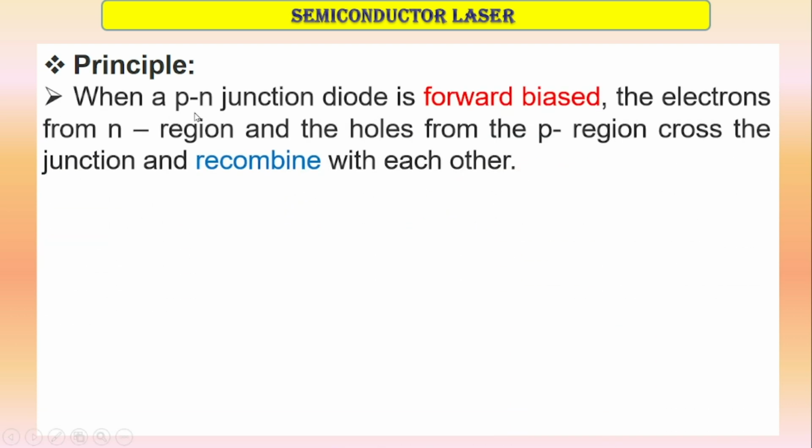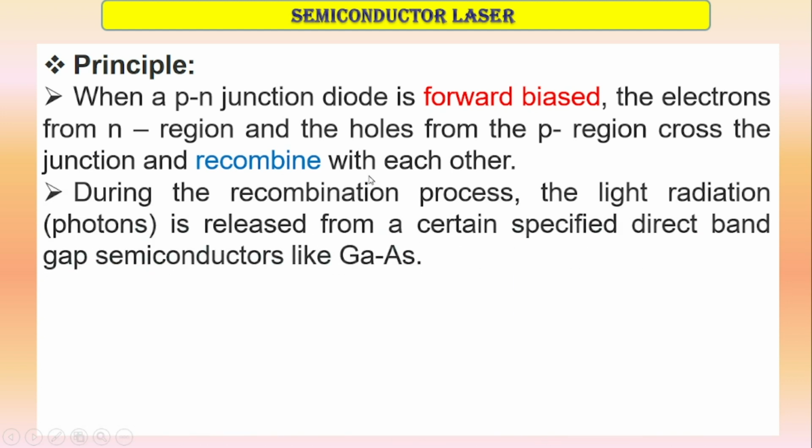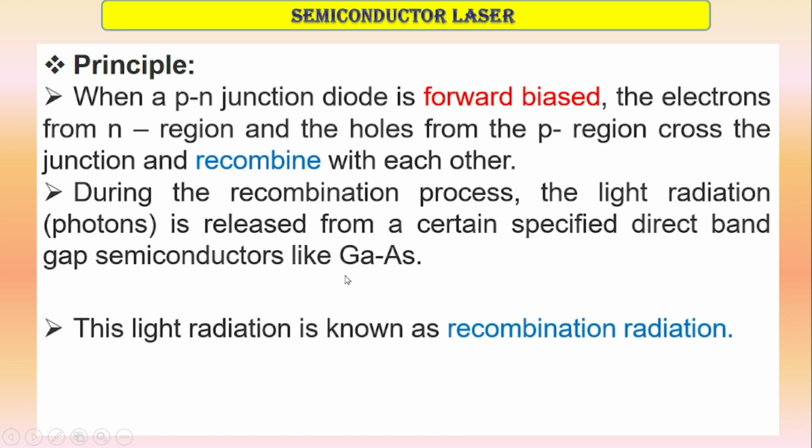When a PN junction diode is forward biased, the electrons from the N region and the holes from the P region cross the junction and recombine with each other at the junction. During this recombination process, light radiation, that means photons, is released from certain specified direct band gap semiconductors like gallium arsenide.